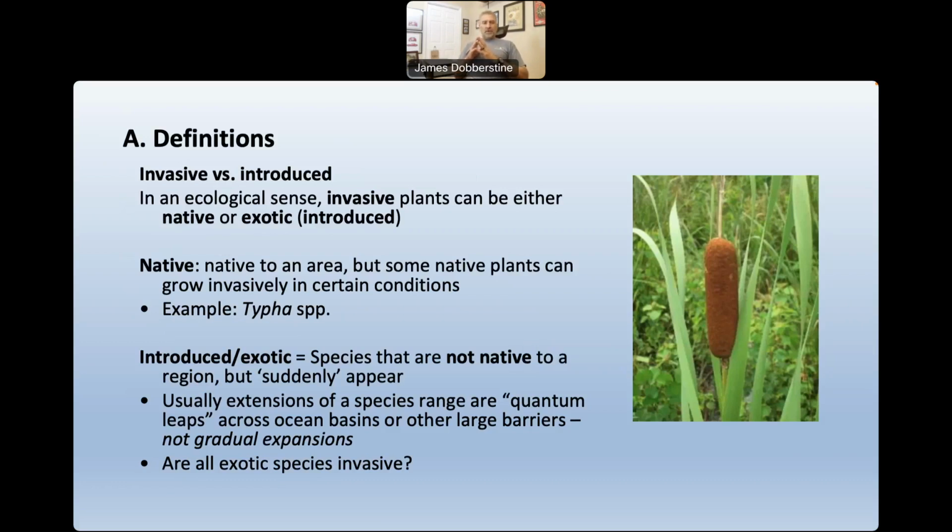Introduced species or exotic species are those that are not native to our region, but they tend to suddenly appear. Okay. Now, it really isn't suddenly. Typically, you can trace back the origins, either purposeful or accidental, and I'll give you a couple examples of that.